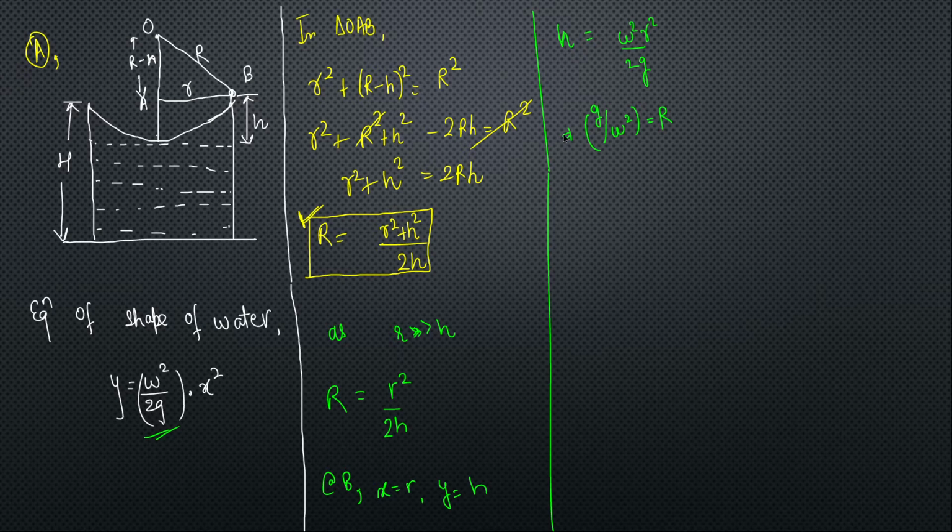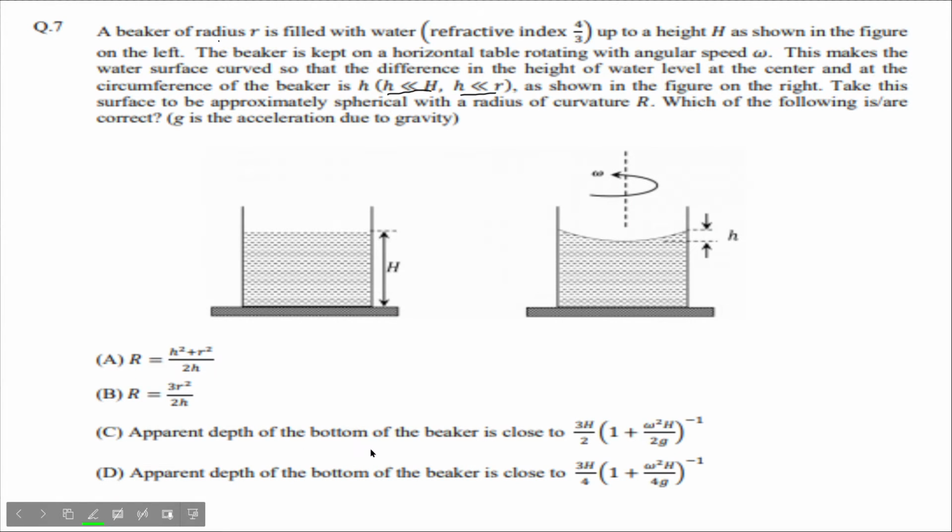As you check the options, the two relations given for capital R, this one is correct, option A. Now there is a question of apparent depth. Let me see this apparent depth. Now I'm going to talk about this concept, which we will use over here.